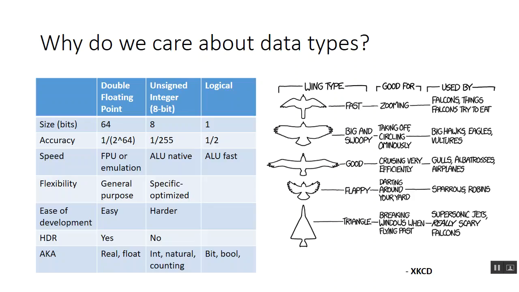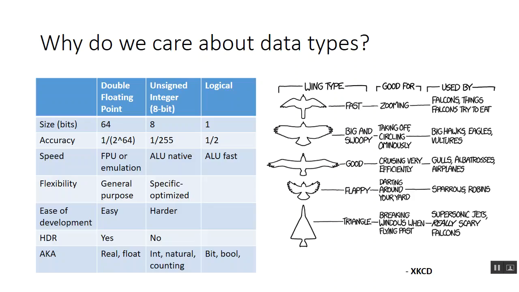And here we're talking about our size for these 3 different types: double floating point, unsigned integer, and logical. And so we can talk about the size of that thing, how much space it takes up, how accurate it can be, how fast it is to compute using.